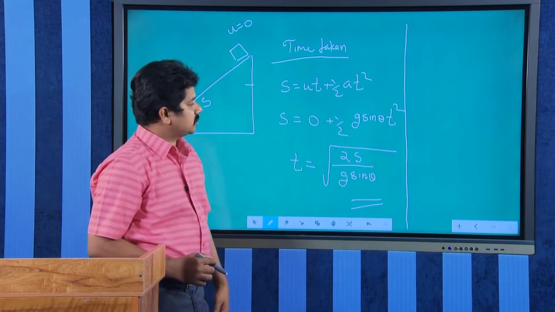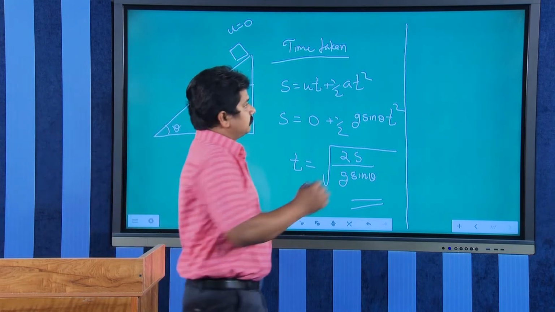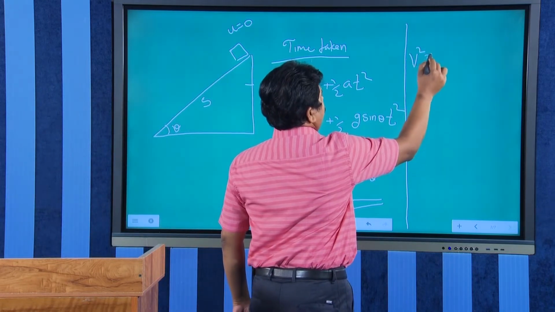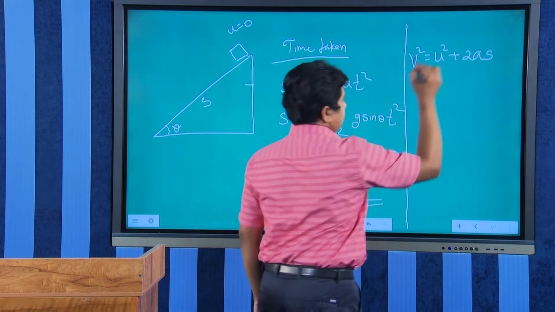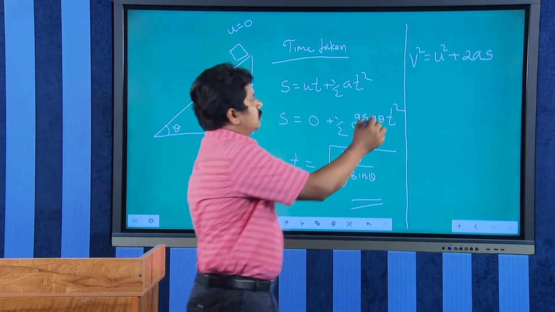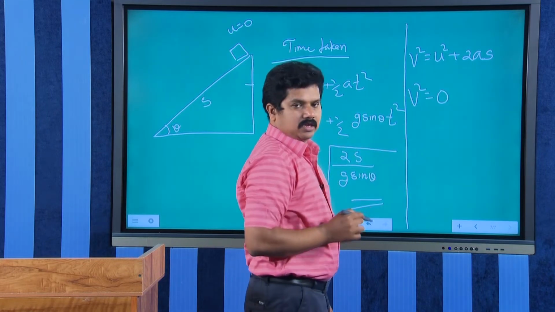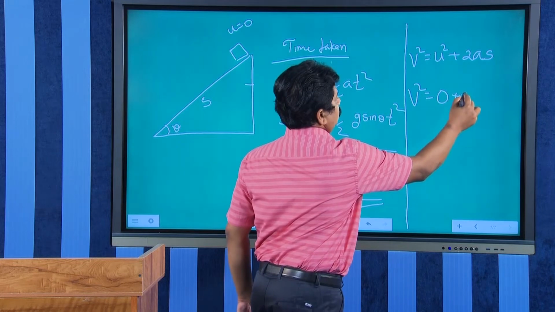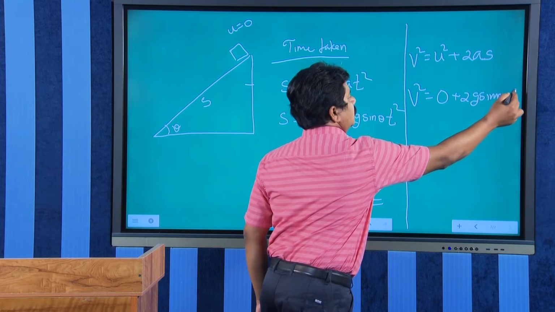We can use the relation v square equal to u square plus 2 a s. That is v square is u, initially 0, plus 2 g sin theta, the acceleration, into s.